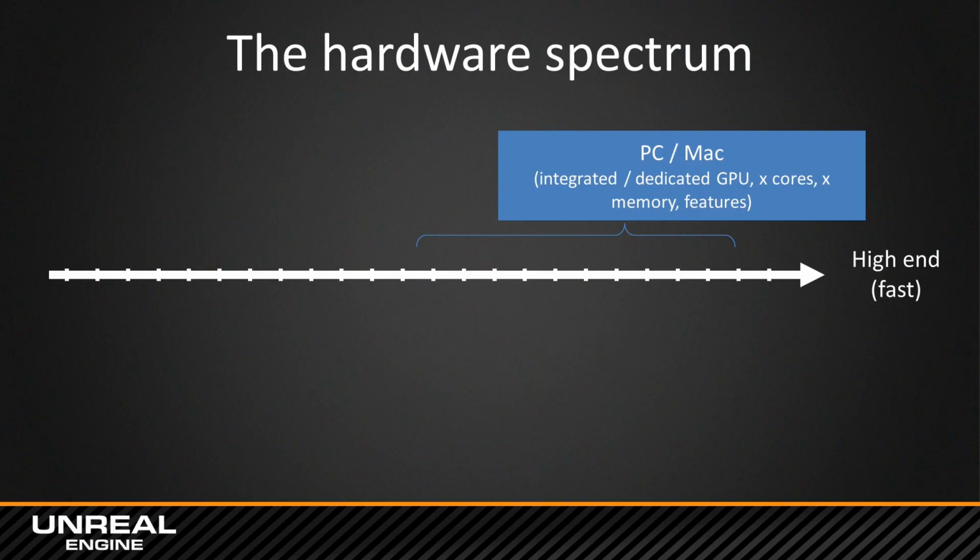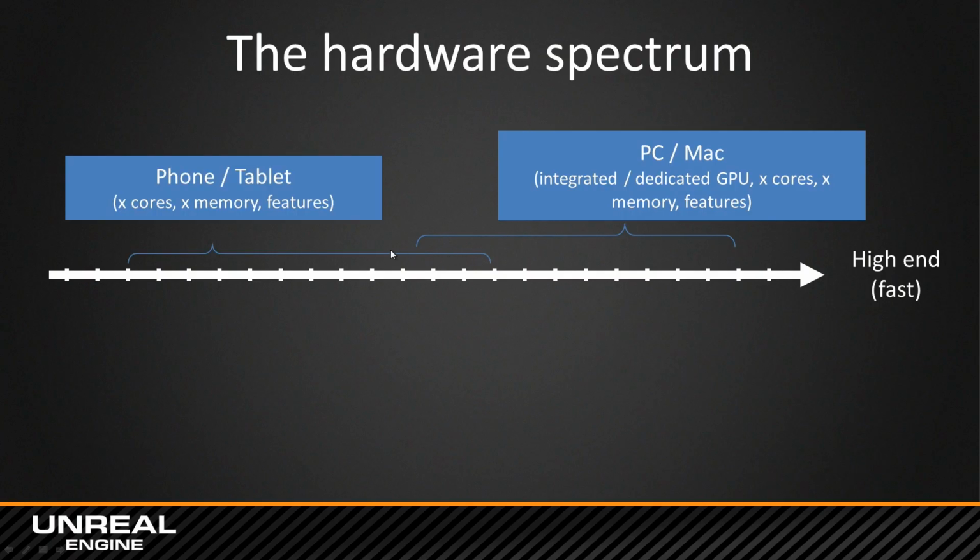If you look at the PC market, you basically have a range from very slow hardware to very fast hardware. They differ in a lot of things like integrated hardware versus dedicated GPUs, having multiple cores, having a lot of memory or not, having a lot of features or not. So there's a wide range here. And if you just want to make a PC game, this wide range should ideally be covered by a good engine. However, there's more to that.